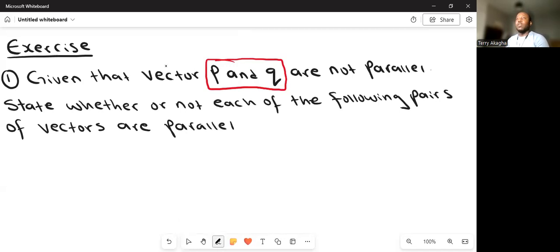Okay? So the first one we have is 2p and 3p.